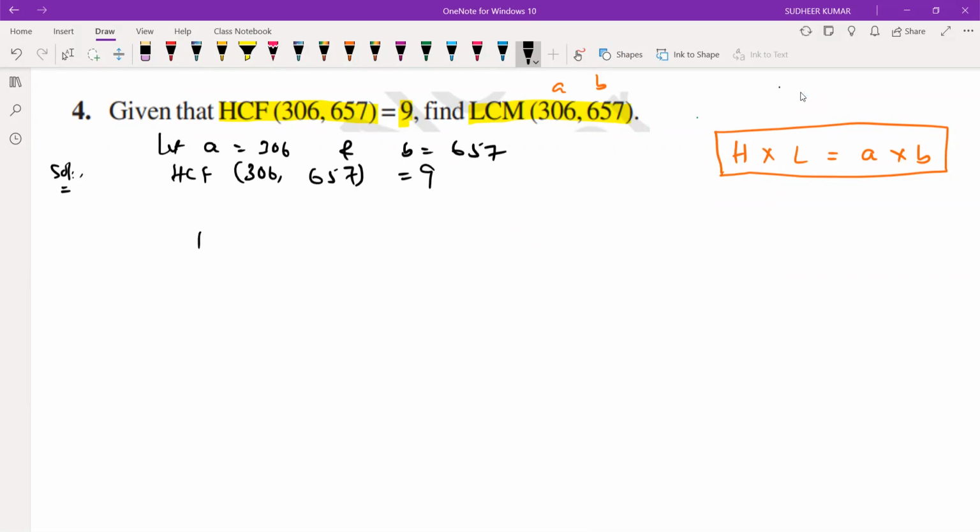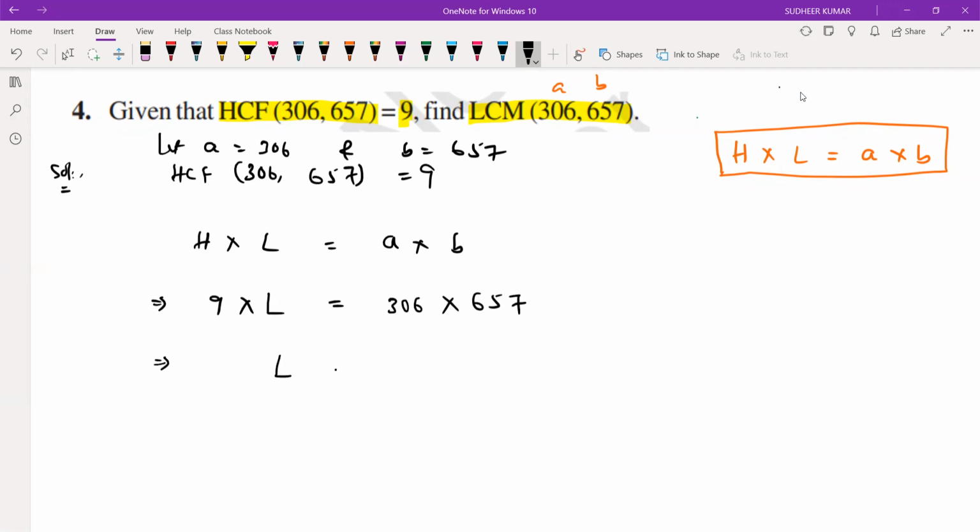Then use this relation, as we know that HCF into LCM equals A into B. HCF we know is 9. Instead of A and B, we can take any two variables, except H and L because we already used those. So 9 into L, the LCM, equals 306 into 657.